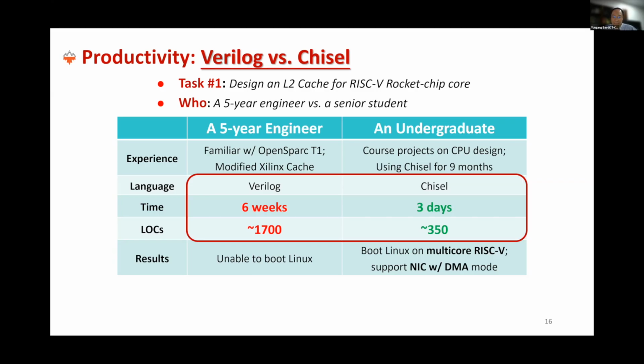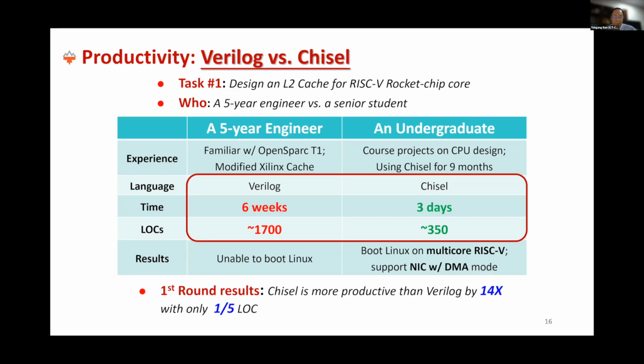And the design can boot Linux on multi-core RISC-V, and even support the NIC with DMA mode. So from this experiment, we can see that Chisel is more productive than Verilog. For that specific task, the productivity improvement is almost 14 times with only 1/5 the lines of code.